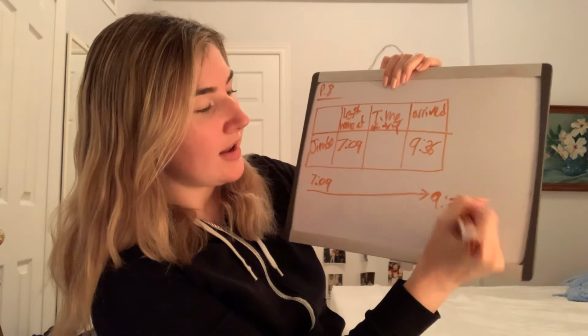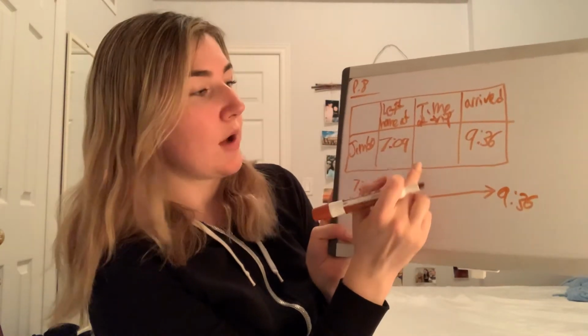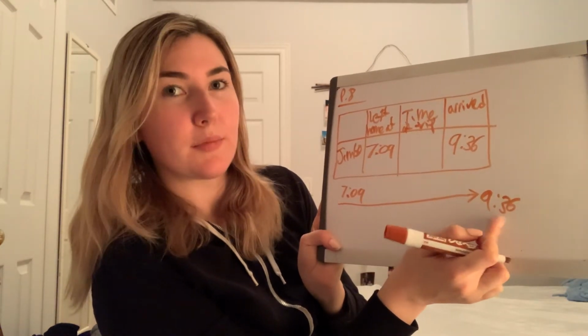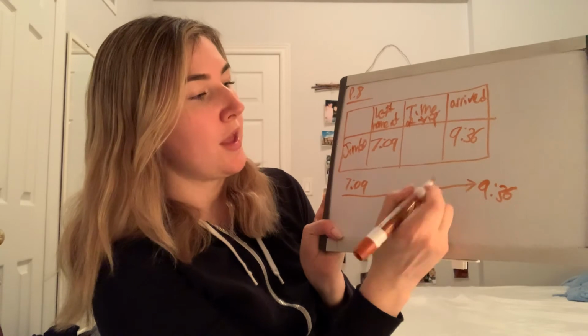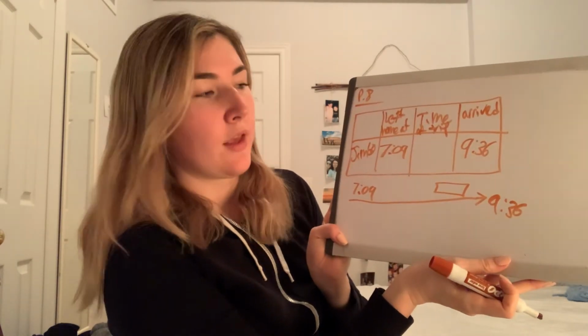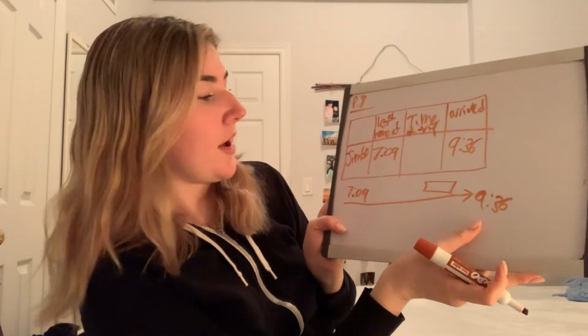And he arrived at 9:36, because we always have to look at when they left, how long did it take, and what time did they arrive. So that's the largest number, and that's our big number. So we're looking for our small number here. So since we're looking for our small number, we're going to have to subtract.